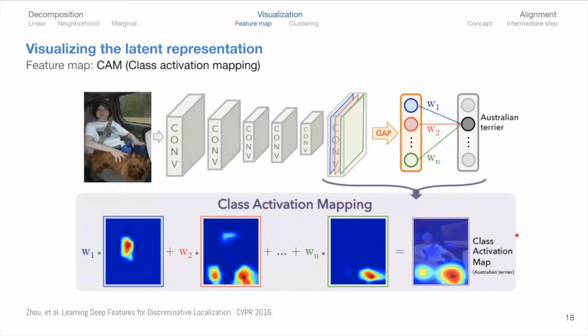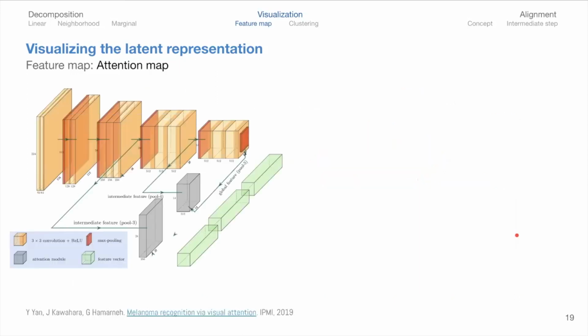Another way of visualization using the feature map is to utilize the attention mechanism. In this work by Yan et al., they worked on the melanoma detection problem, and in this vanilla VGG model, they add two attention modules.